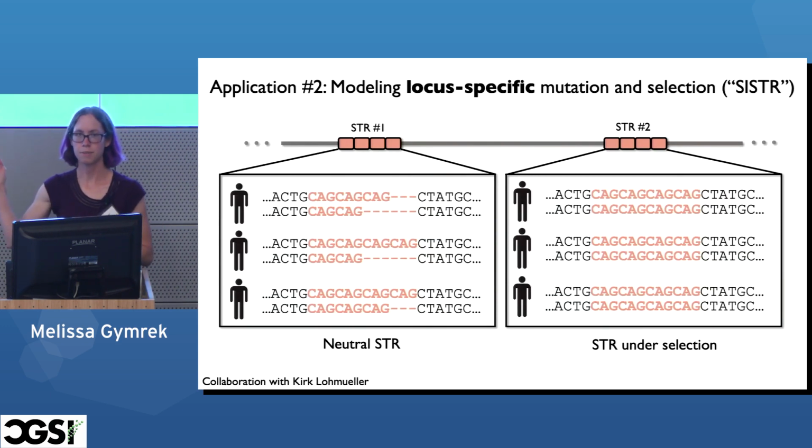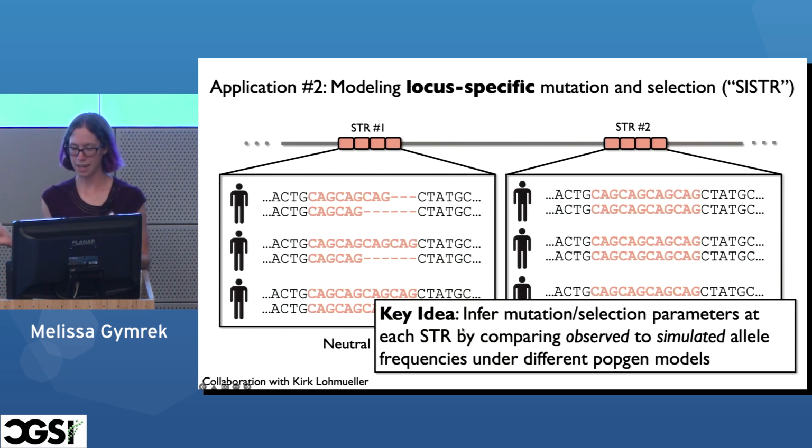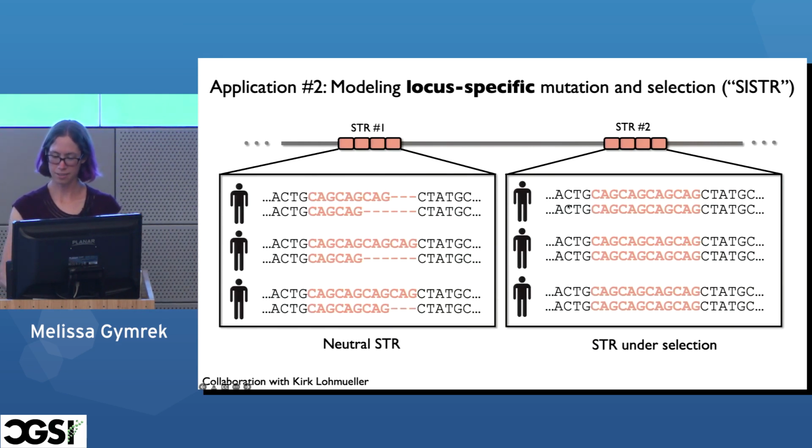At STRs, we often have many, many different alleles at a single locus. So we can think about fitting population genetics models of mutation and selection at each individual locus, one at a time. We had a really fun collaboration with Kirk Lohmueller, who's here at UCLA, where we asked whether we could identify STRs in the genome that are under selection by looking for places where the variation at the STR across the population is much different than we would have expected under a neutral mutation model.